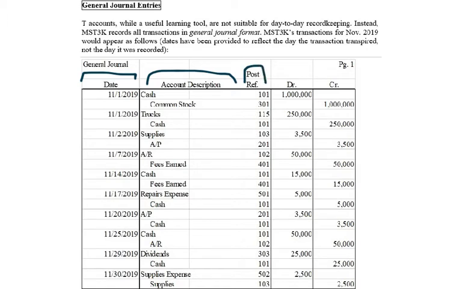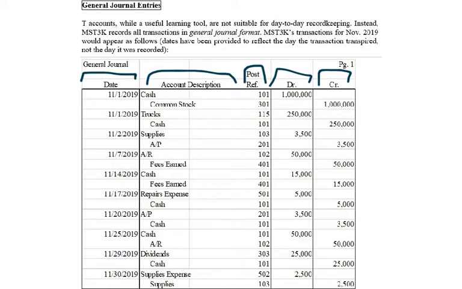Post-reference column, we'll get to what that's about momentarily. And then, of course, you have your one debit and your minimum one credit, again, DR and CR as our abbreviation. All right, so again, same 10 transactions taking on a different form. That's what this is. It's a gradual transmogrification, which of course is how you would usually describe a lycanthrope or somebody who can change into a werewolf, but I'm using it here anyways.